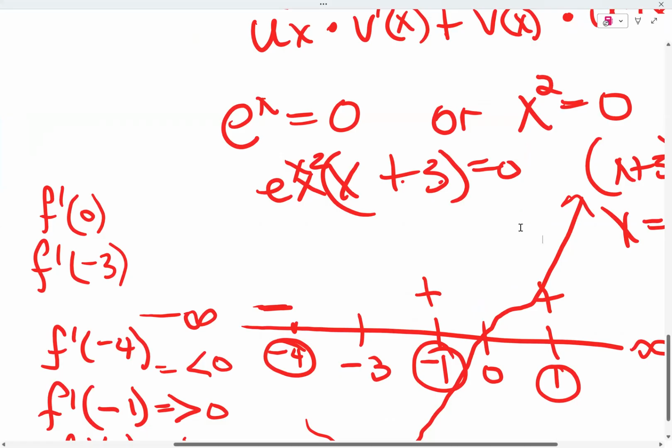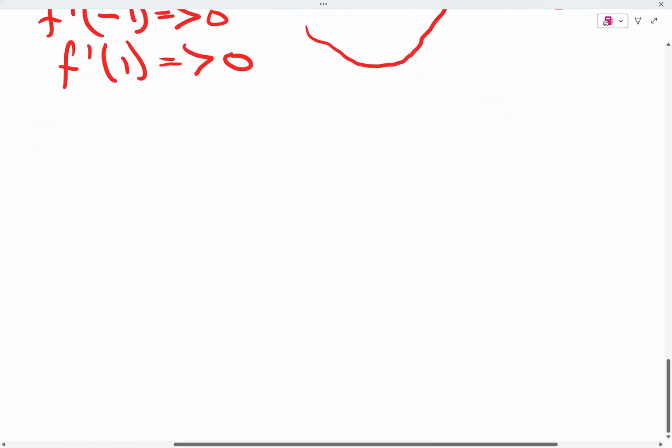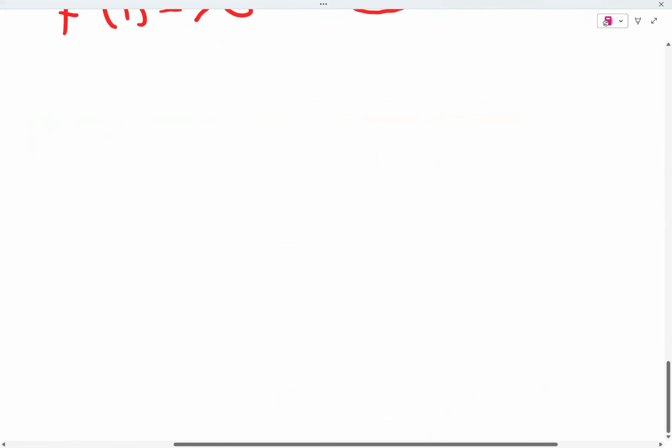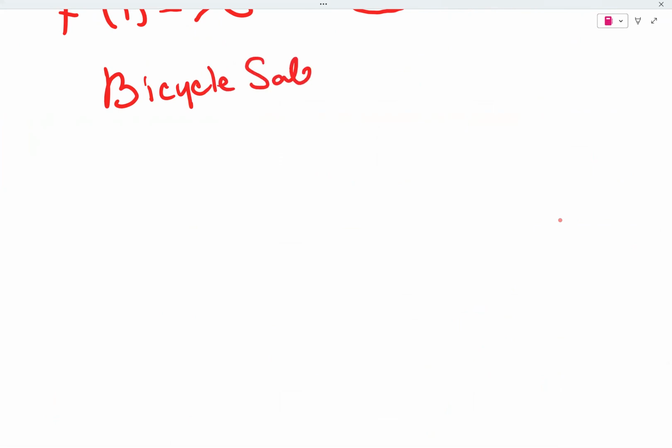Okay, I want to talk about bike sales, and then after this we'll call it a night, so we're almost done. So this example is all about bicycle sales. So again, a business model. It says there is a small company manufacturing bicycles. They give us our demand function, D of Q, where it has to be greater than or equal to 0, so this is what we call a non-negative function.